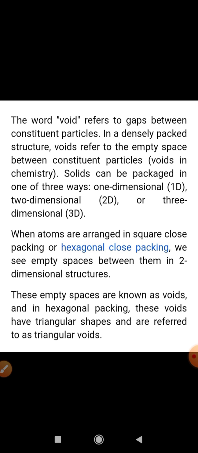We arrange the particles in SCP arrangements. In these arrangements, the empty space, that is void, is in a two-dimensional type of arrangement. These empty spaces are known as voids.